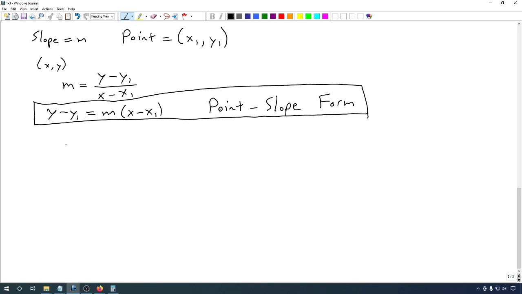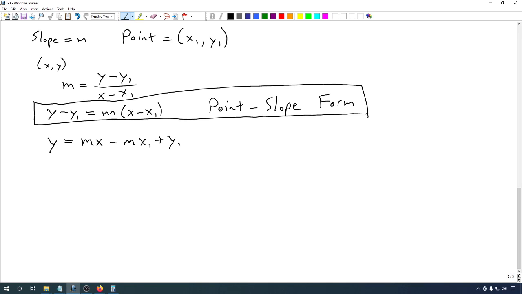But we do want to take it a step further and solve for y. Just move the y1 over to the other side, and we'll expand by distributing the m to both terms here. So here we have our variable y, we have m times our other variable x, but everything over here is just numbers.